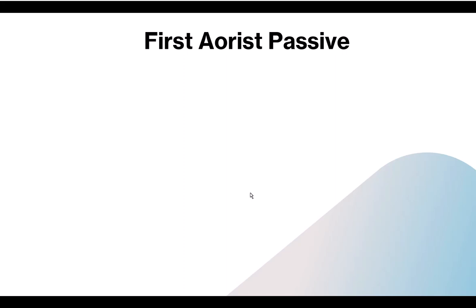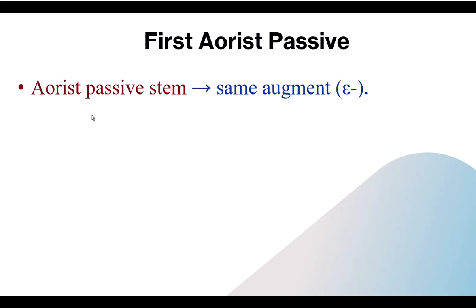Now let's move on to the aorist passive. So there's a first and a second aorist passive. The first aorist passive has several characteristics, and actually all of the aorist passives are similar in some ways to the aorist active and aorist middle. For the aorist passive stem, there is the same augment as we see for the aorist active and aorist middle.